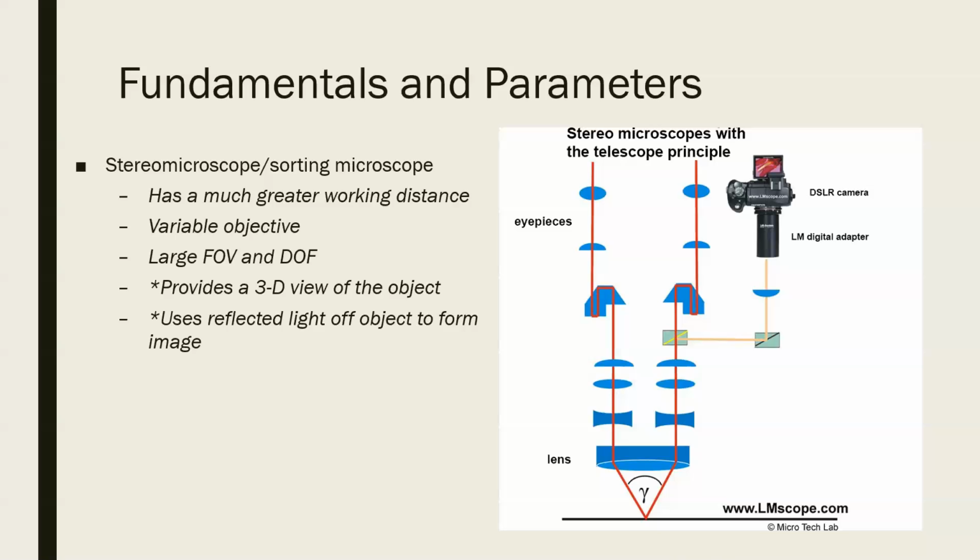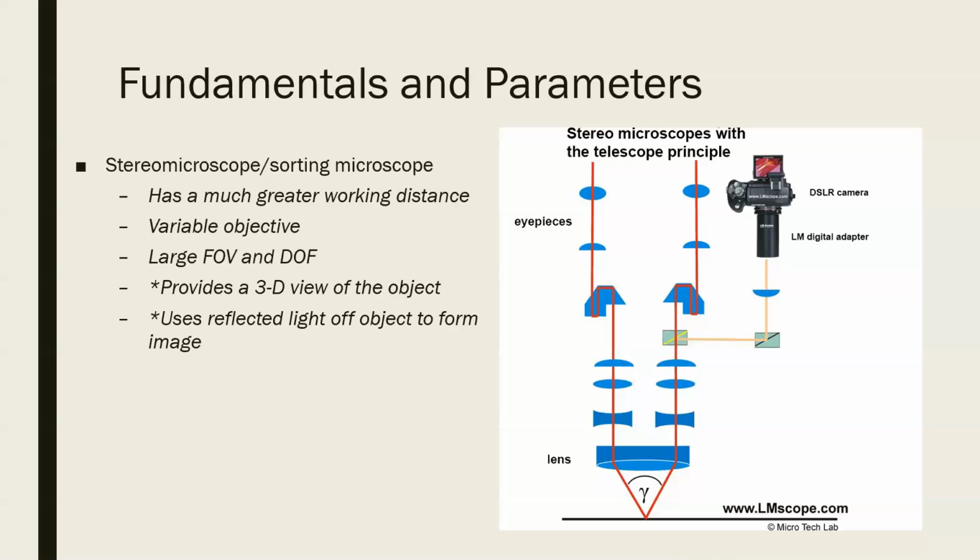It also has a good depth of field, which wasn't as important to me because my image was flat, but that's just something to take note of. It provides a 3D view of the object, which I put stars next to because I think these two points are what actually give the image that we're going to look at on the next slide.